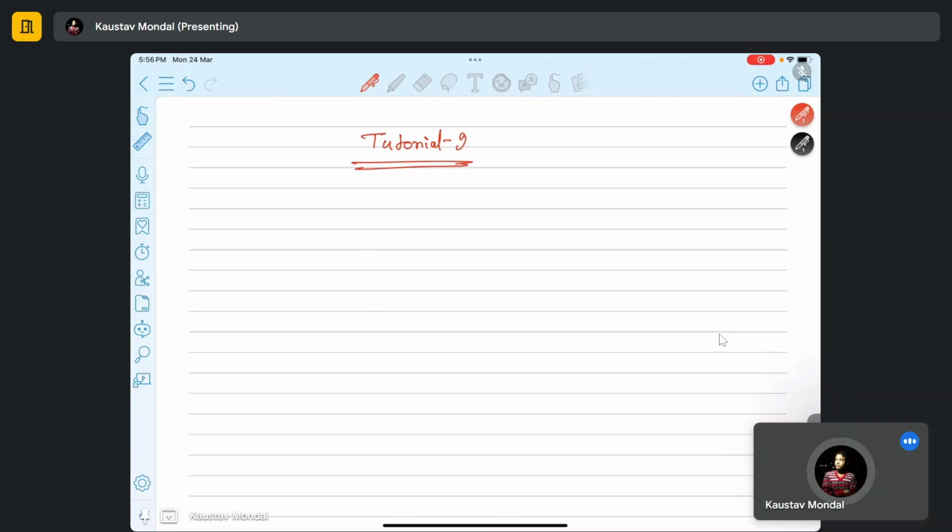So, for today's tutorial, most of the problems we'll be discussing are on different types of statistics. There are mainly three types. One is for classical particles, that is the Maxwell-Boltzmann statistics.